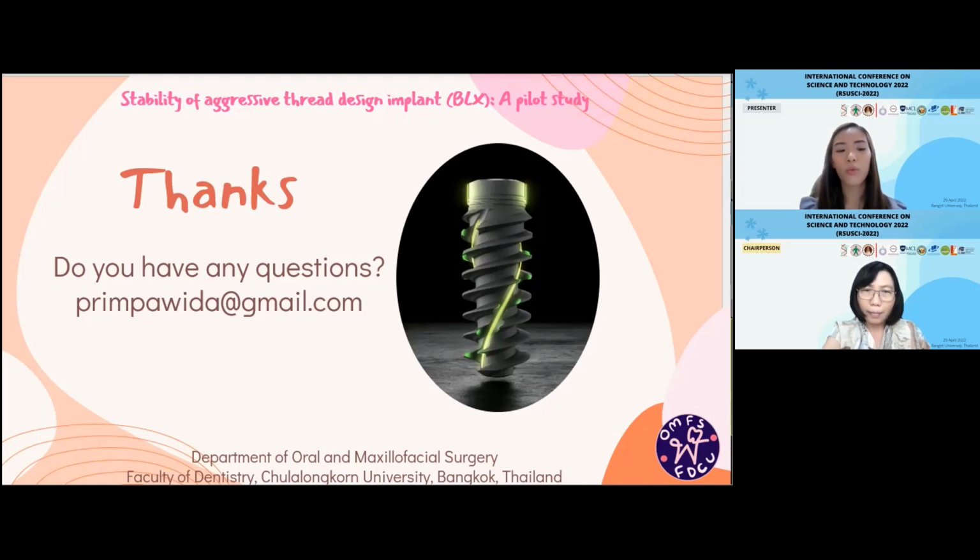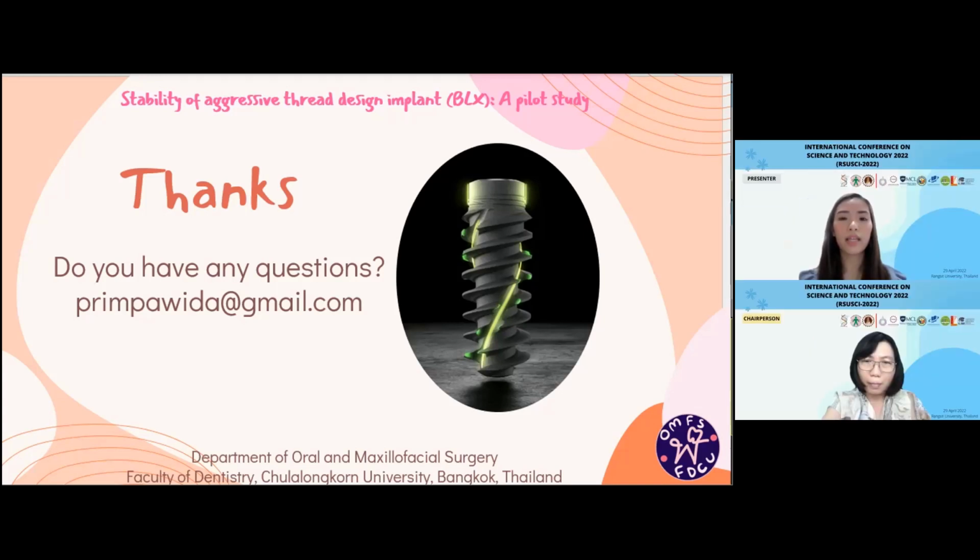So we measure only the buccal for the stability on the buccal and lingual side, and the mesial for the stability on the mesial and distal side. So two measurements are adequate.